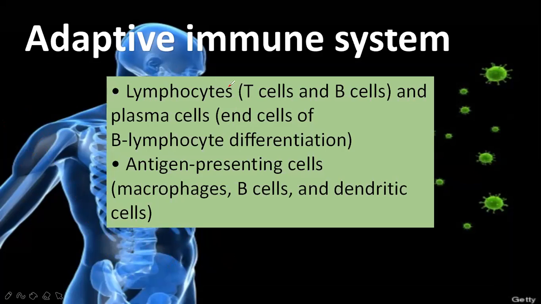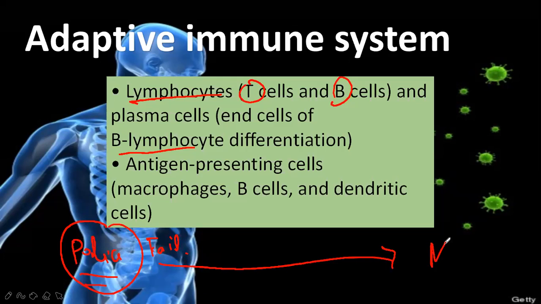So what are the components here? Lymphocytes: B lymphocytes and T lymphocytes. So these are the cell components. And how does the message travel? Listen carefully. For example, for any defense issue in a city governed by police, if the police fail, I want to give a message to the military.